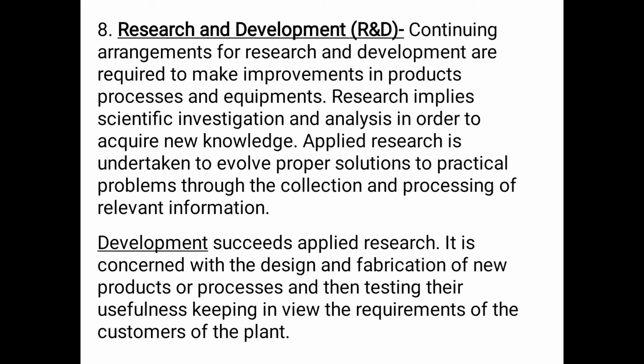Basically, when the research is done, when the organization has identified what new things can be added, proper solutions have been implemented to solve various practical problems, the development of the product or the processes takes place and it tests whether the research has been implemented effectively or not.